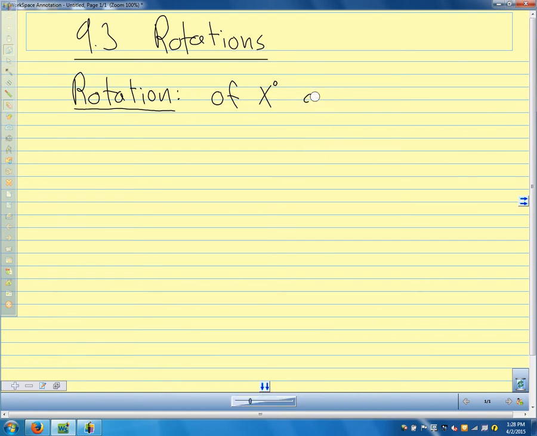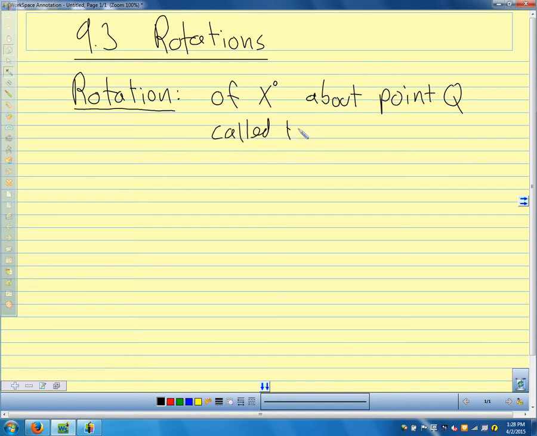So we usually say about some point Q, and we call Q the center of rotation. So we always have some kind of center for our rotation.